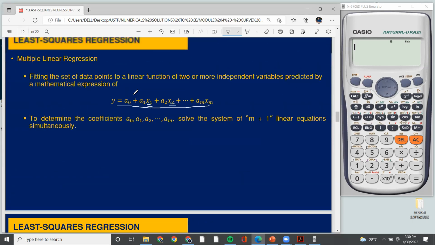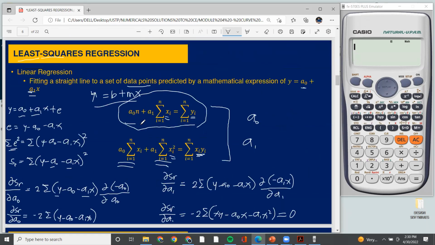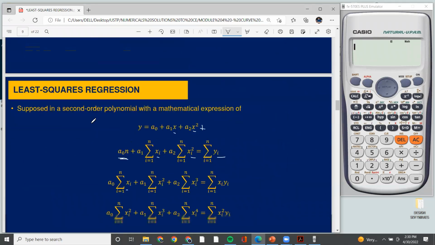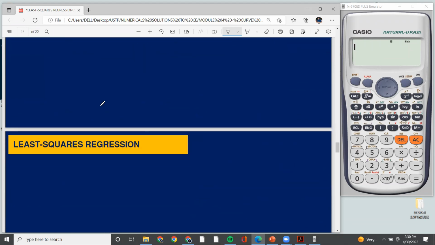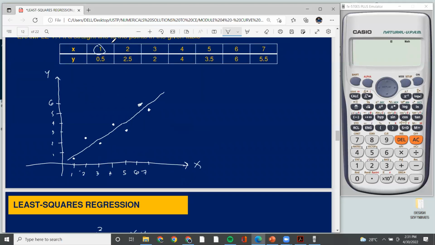X, y, and then next is sa itong formula kinahanglan nato x, kinahanglan nato y. Next is x squared. Kinahanglan ta ug x squared and x times y. And the n, kinahanglan nato n. Okay. Ang n ni, pila ni ang n? Number of pairs or data points, no?